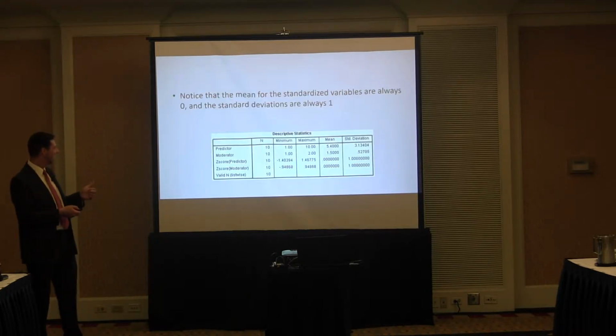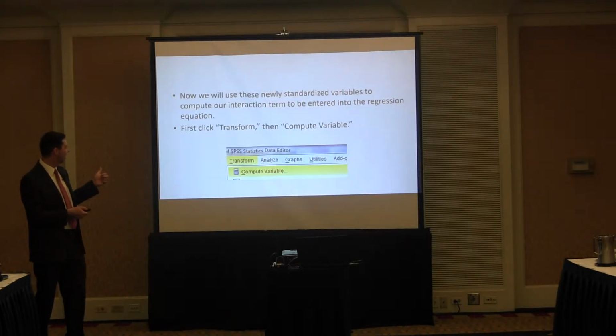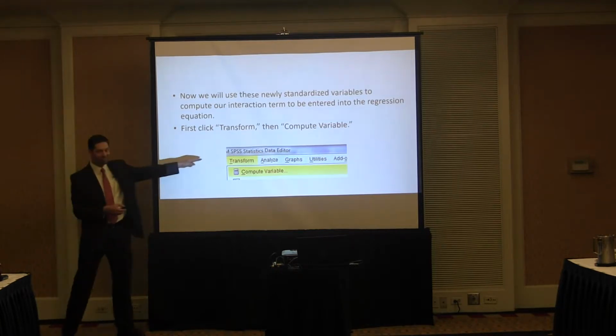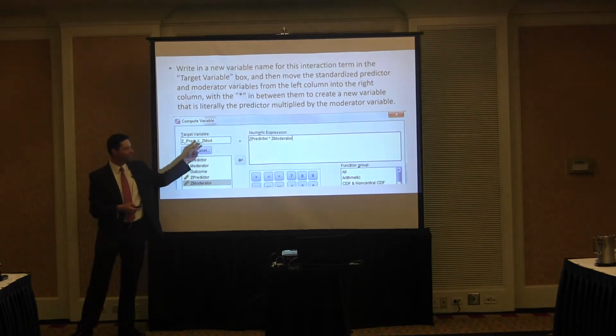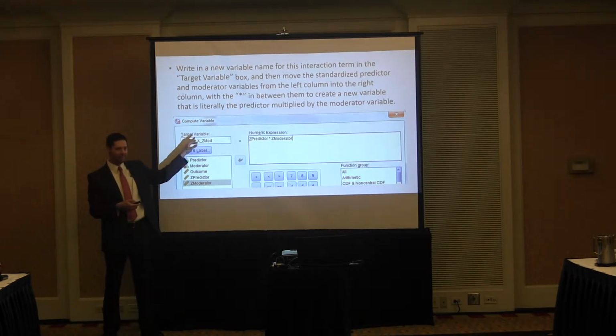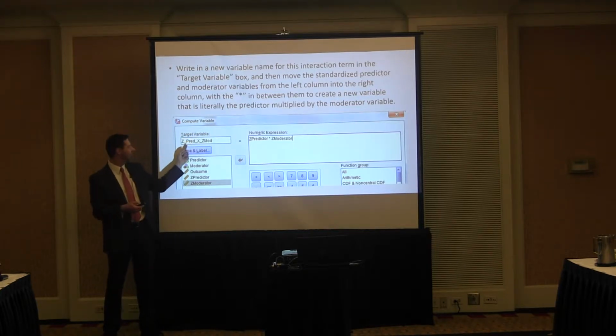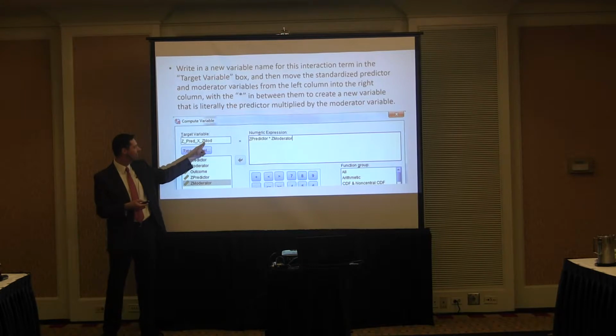All right, and then we're going to compute an interaction term. Literally click Transform, then Compute Variable. Up here we're going to give it a name, and I like to give the name something that's really obvious so I know what predictor and what moderator variables are included in it. So Z predictor, if this was co-parenting, I call it ZMCOP for Z mother co-parenting, times whatever this one was over here.